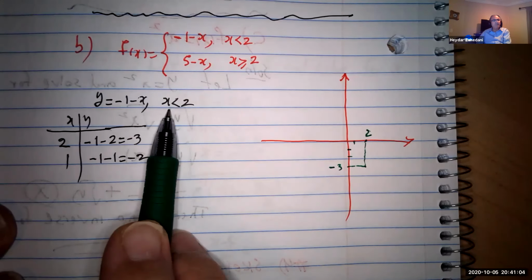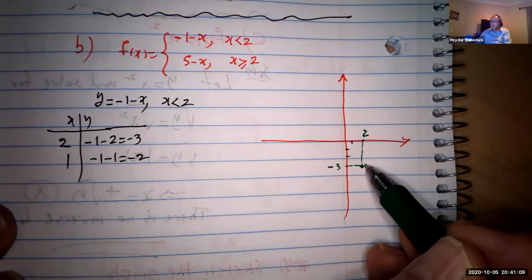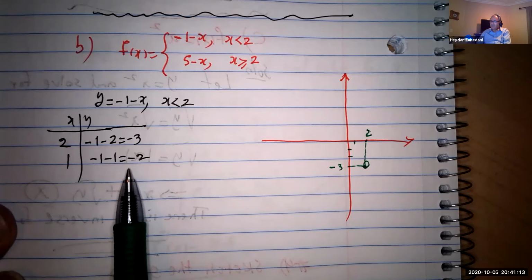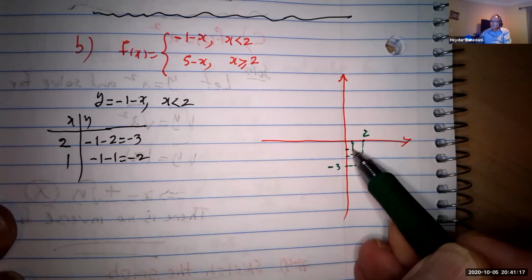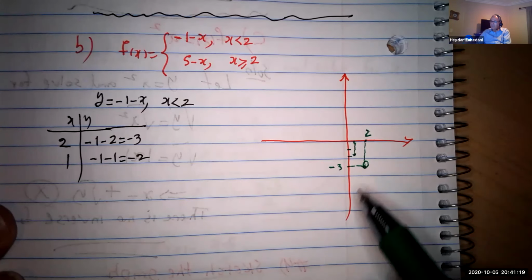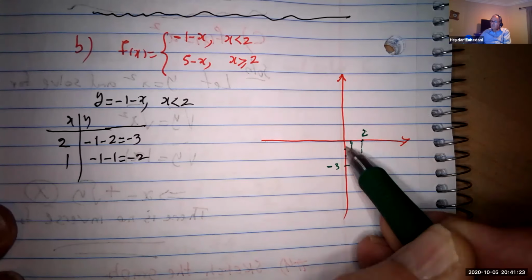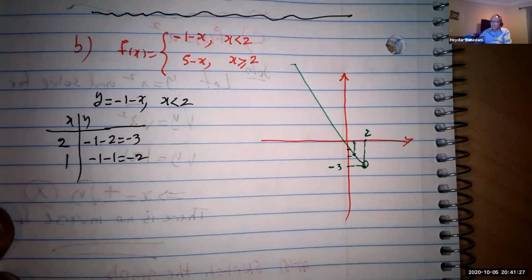No, there is no equality sign, so we make a hole here. The next point is going to be 1 and negative 2. You connect, and you know that you go to the right. So this is going to be your graph. That is going to be the first part.